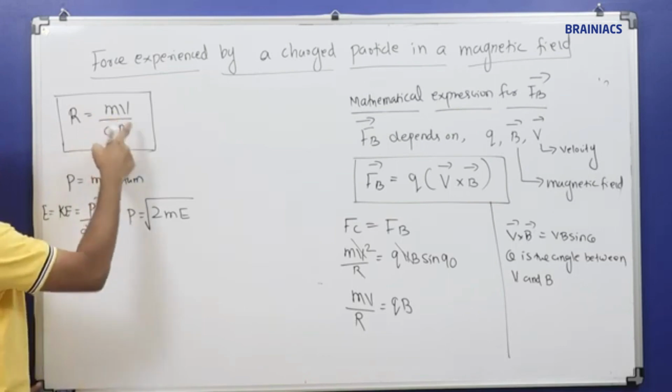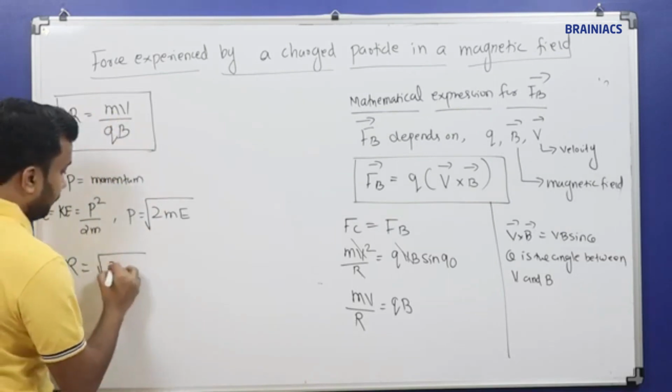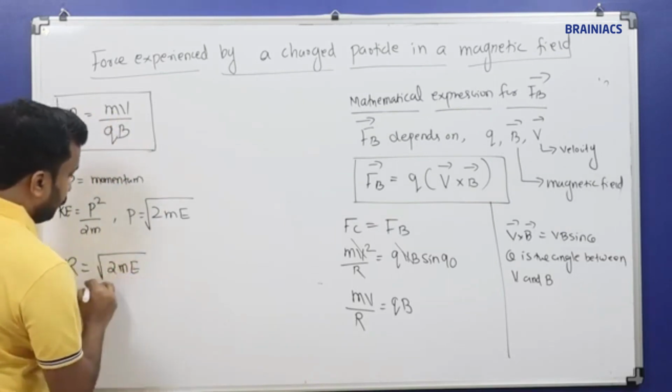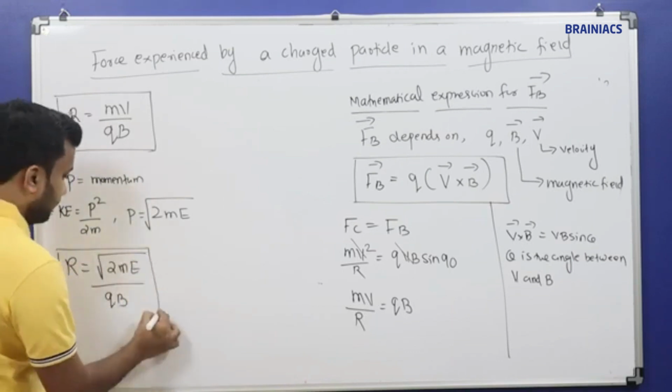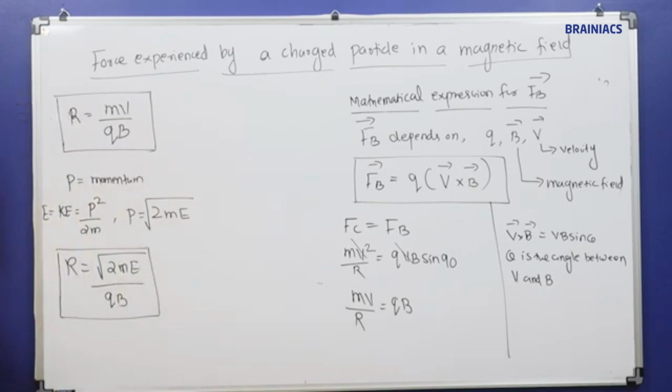We can substitute this for mv. So r is equal to root of 2mE whole divided by qB. This is also another relation to find the radius.